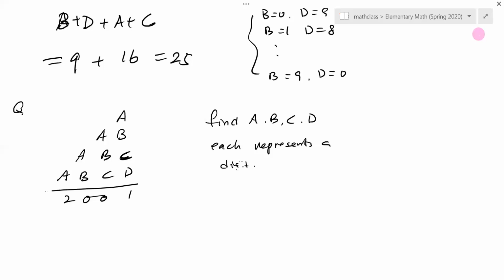There are so many possibilities there. So what is the easiest part? I think the first, on the left-hand side. Maybe A equals 1, because you probably get one digit from B plus A plus B.